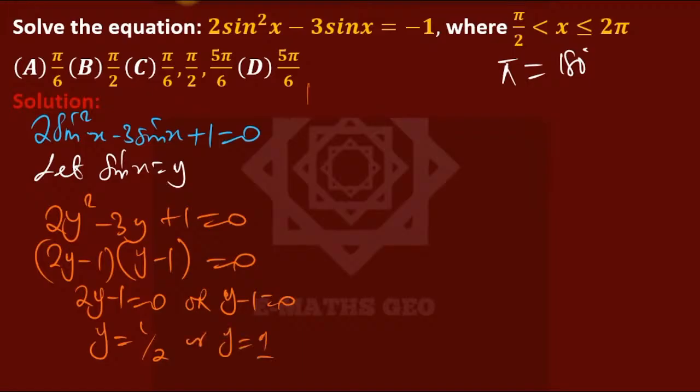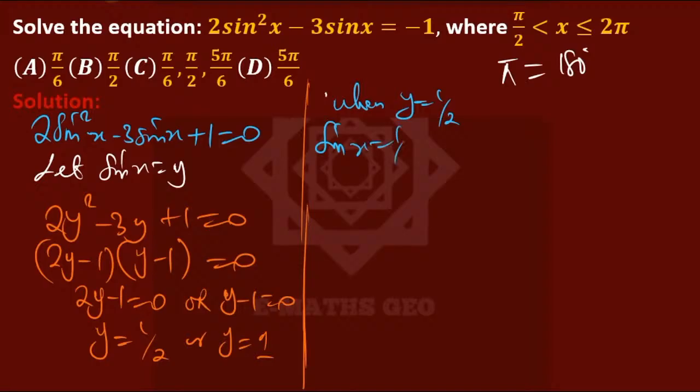Remember, we're not asked to find y, we're asked to find x. So when y is half, sine x is half. So it implies that x is arcsine of half, which is 30 degrees, and 30 degrees means pi over 6.